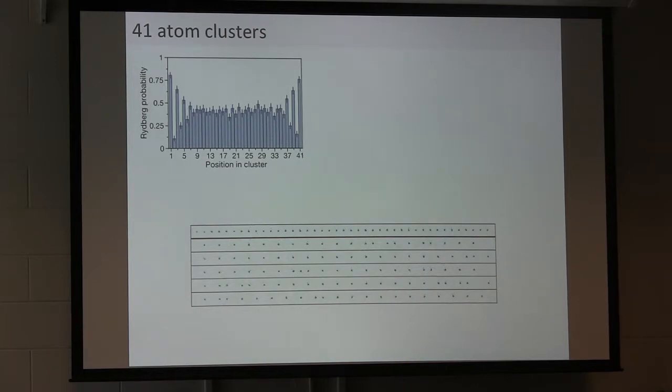And yet another way to look at this data is to look at single-shot images. Here, the first line that we see is just a single-shot image of our initial state, which is a cluster of 41 neutral atoms. And the other images are, well, not so randomly selected images of what you get after the frequency sweep. As a reminder, any empty site here should be a Rydberg atom.